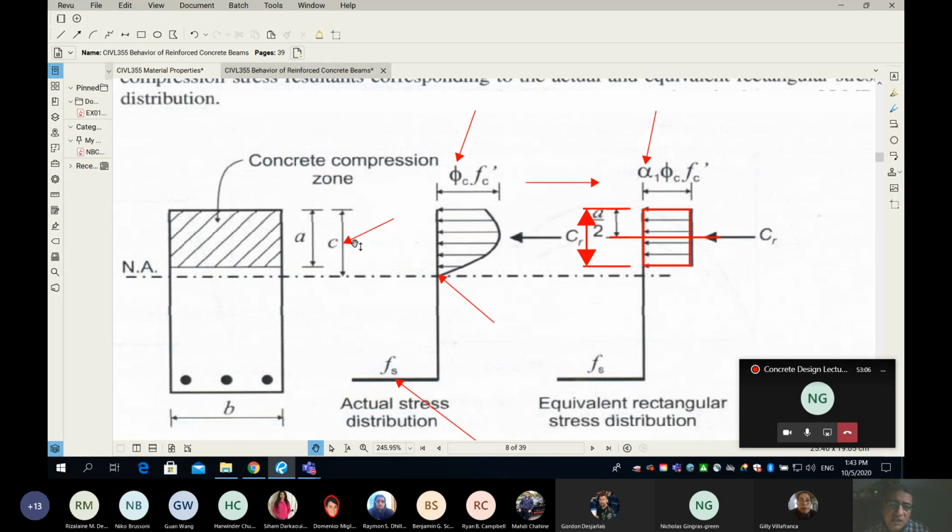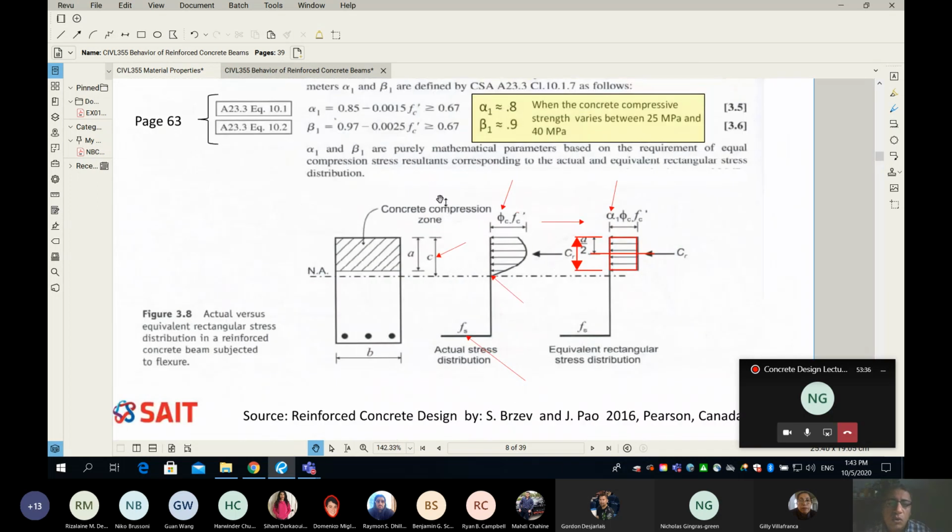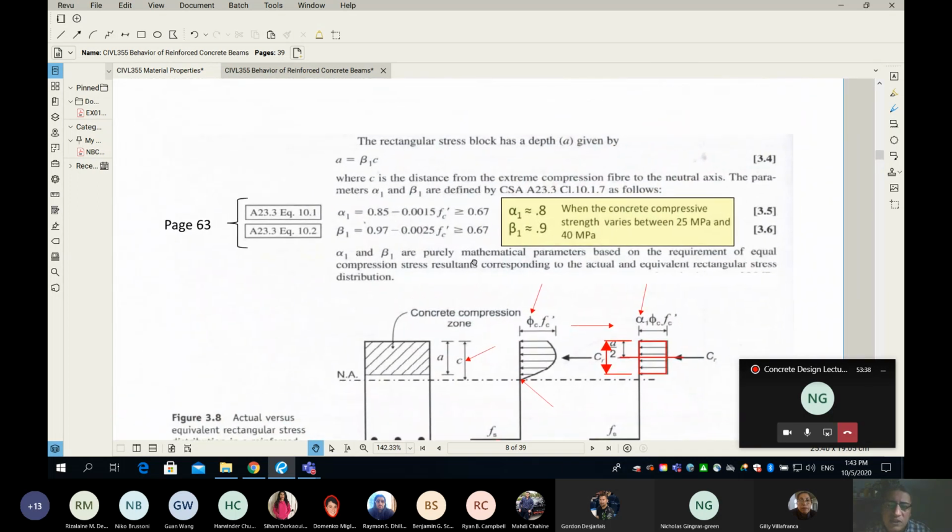We simply take c, which is the location of the neutral axis, and multiply it by beta 1, a modification factor, and we take the stress, phi c multiplied by f prime c, and multiply that by alpha 1. Now we have transformed our difficult parabola into a simple equivalent rectangular block. Now it's time to know what alpha 1 and beta 1 are.